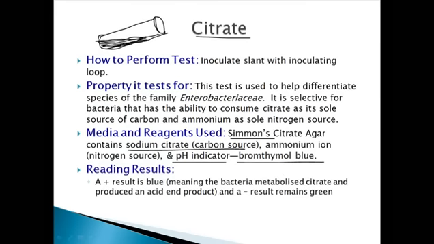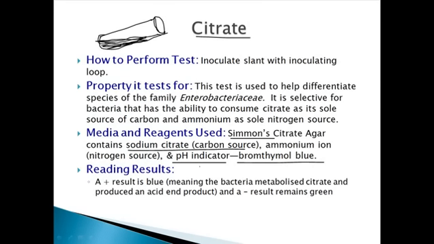If the medium produces any basic reaction, the coloration will be blue. If it is in a normal state or acidic condition, the coloration will be green. Normally, Simmons citrate agar remains green at pH 6 to 7, which is its normal color.